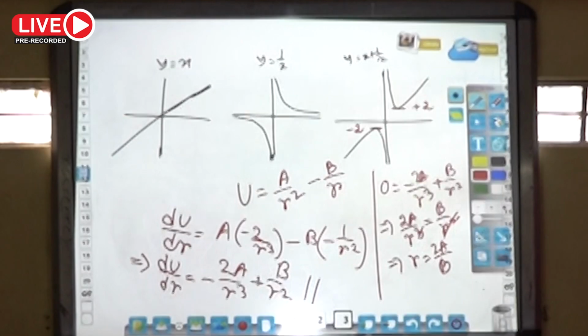Suppose some value of r is given and you have to check whether it is stable or unstable, then you have to definitely check the sign of the second derivative. But in this problem we can bypass the second derivative sign calculation.